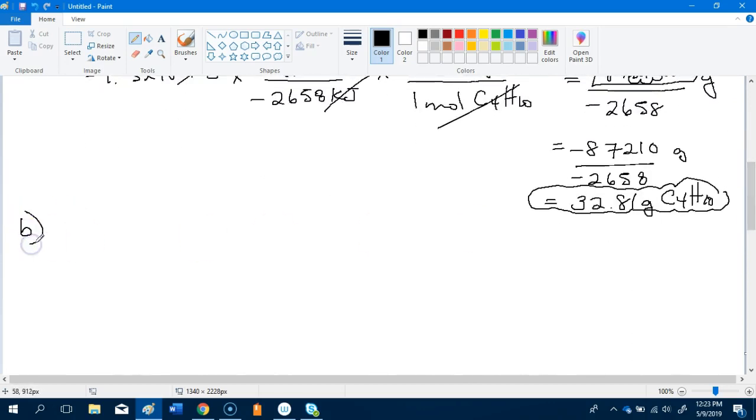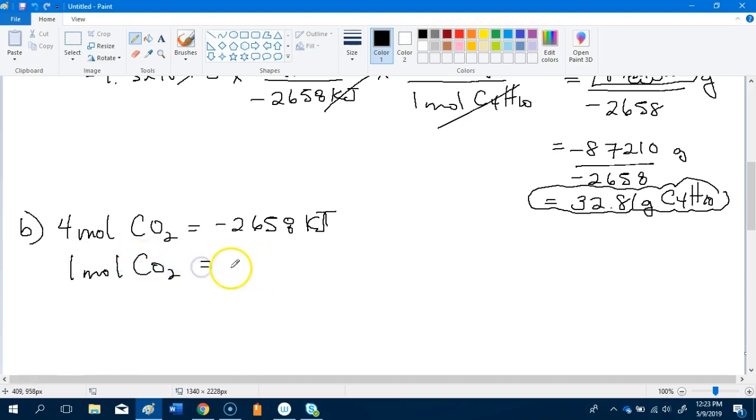Here is part B. I'm going to use that conversion factor, that 4 moles of CO2 is produced when 2,658 kilojoules of energy are emitted. The other conversion factor I'm going to use is the molar mass of carbon dioxide, which is 44.01 grams per mole of CO2.